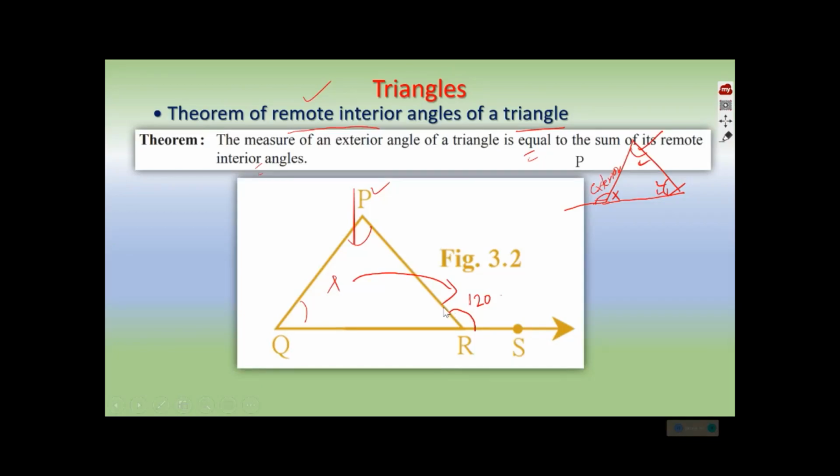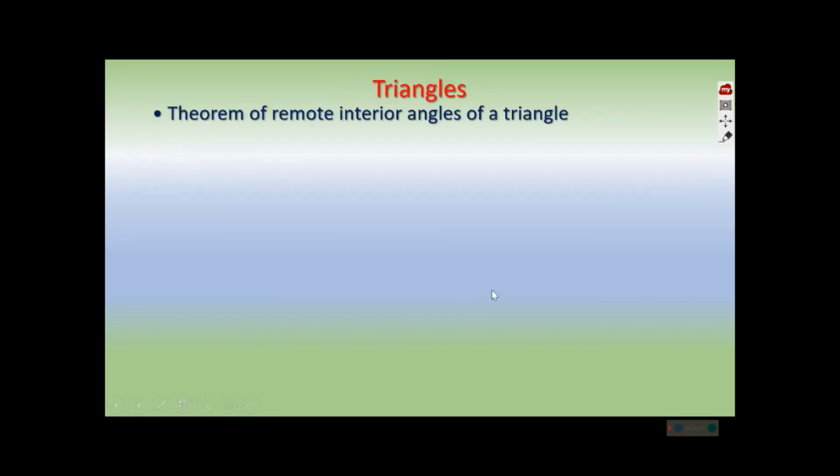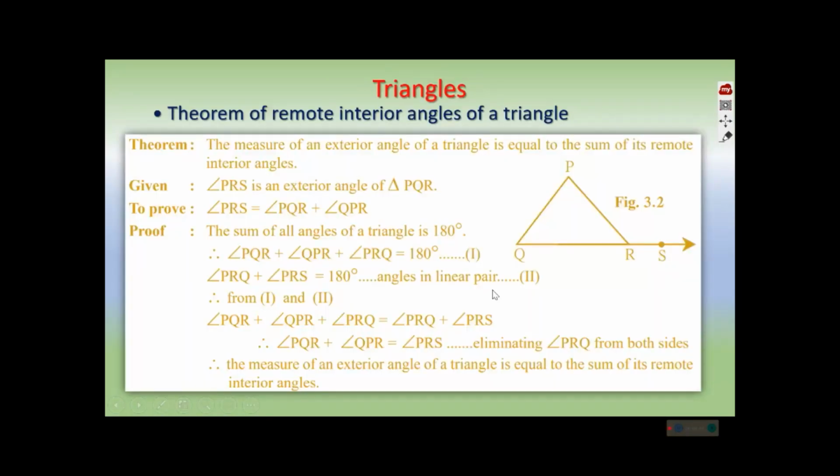Okay, just by learning it, reading it and accepting it won't work out. So we need to prove it. So your textbook is giving proof of what is said. What is said? The measure of exterior angle of a triangle is equal to sum of its remote interior angles.